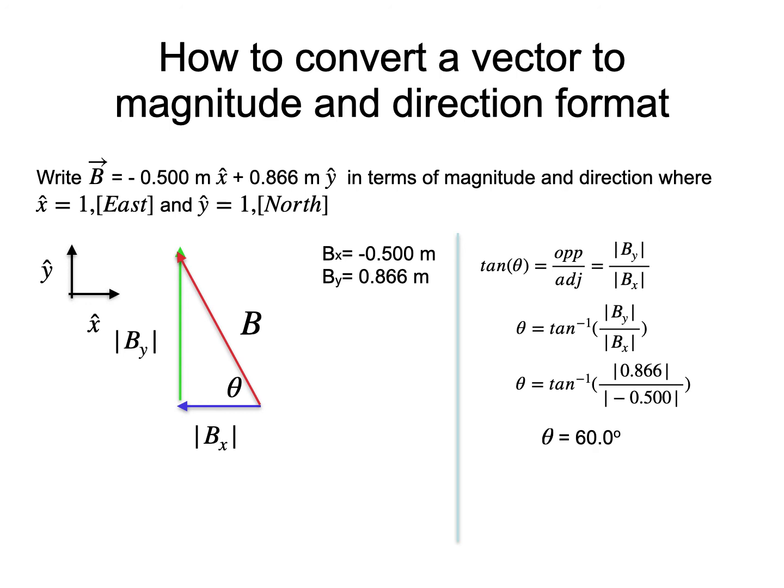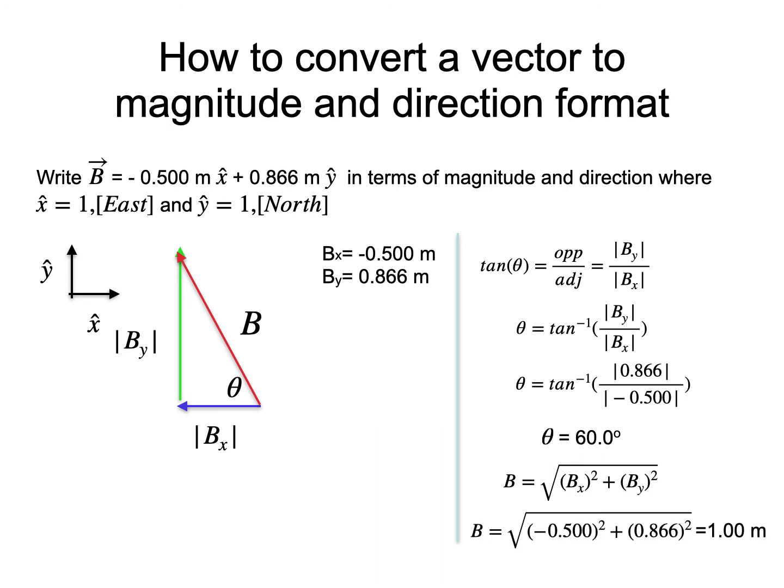Now onto the task of evaluating the magnitude of vector B. The Pythagorean theorem is used to give an expression for the hypotenuse, which here is proportional to the magnitude of vector B. Substituting the numerical values for the components gives a magnitude of 1 meter. All that is left is to combine all this information to write the final answer.